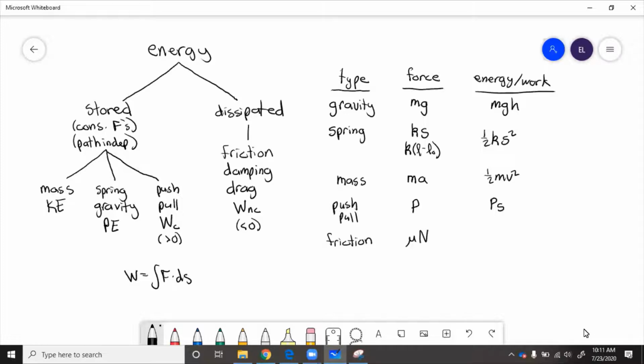So you use mu k. Then that is going to be mu k times N times s, that pushing distance.